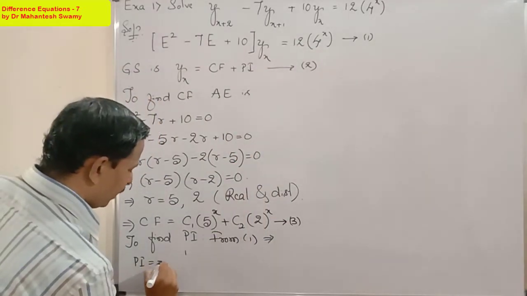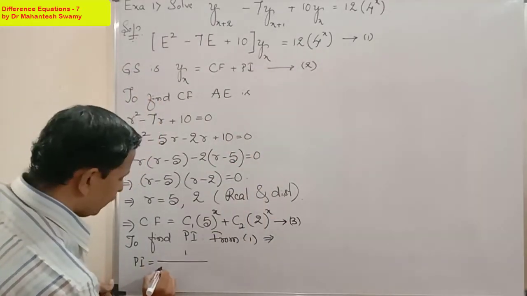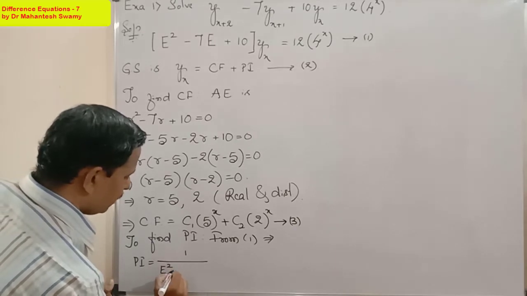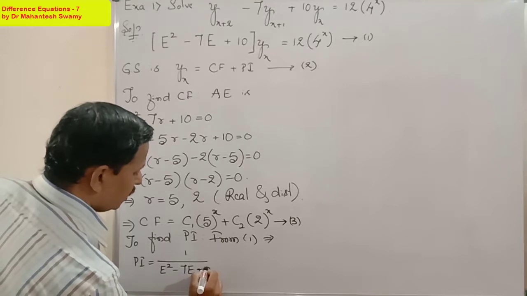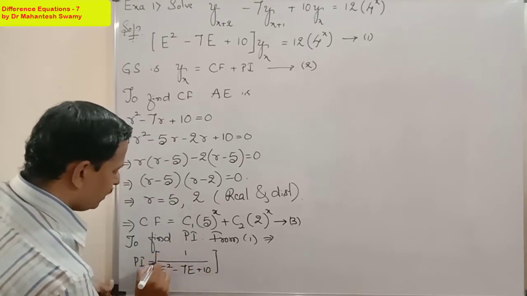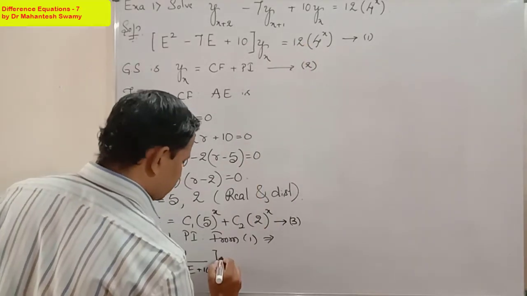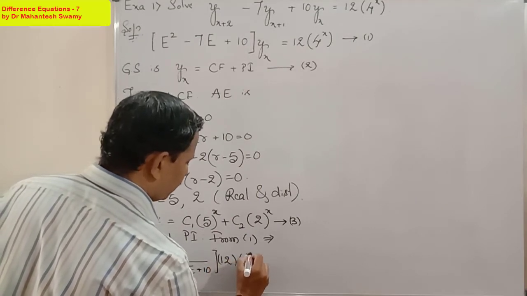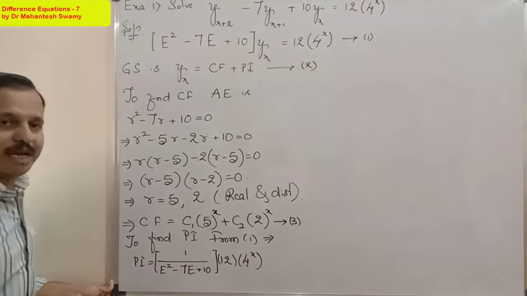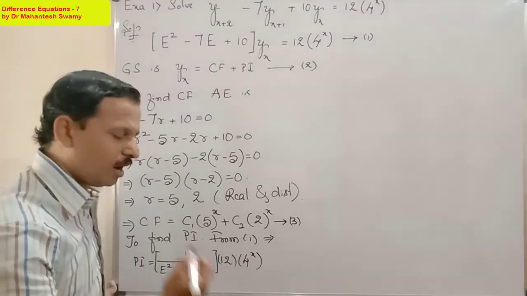That becomes 1 divided by E squared minus 7E plus 10, operated on the RHS function, that is 12 into 4 to the power x. So what is the technique here which we have to follow?